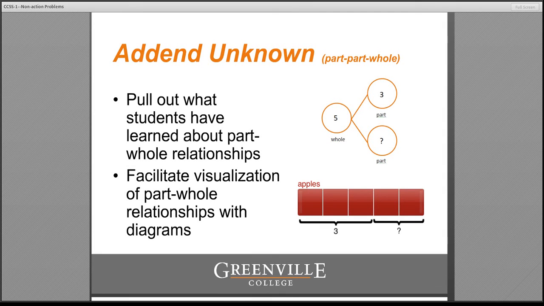So all the work they've done with decomposing numbers, like finding out that 5 is 1 and 4, and 4 and 1, and 5 and 0, and 2 and 3, and 3 and 2, and being really comfortable with pulling it apart in multiple ways, that's going to be one of the ways to support children with add-in unknown problems, is having that rich background in trying to put together and take apart numbers.